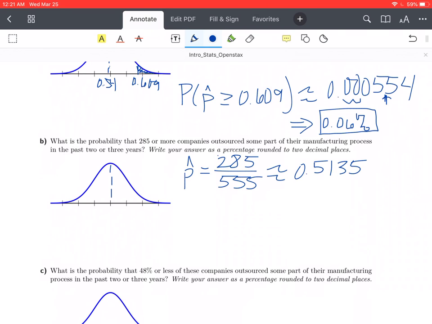So here's our mean value in the middle, 0.54. So 0.5135, somewhere down there. So we're looking for the probability that p hat is greater than or equal to 0.5135.